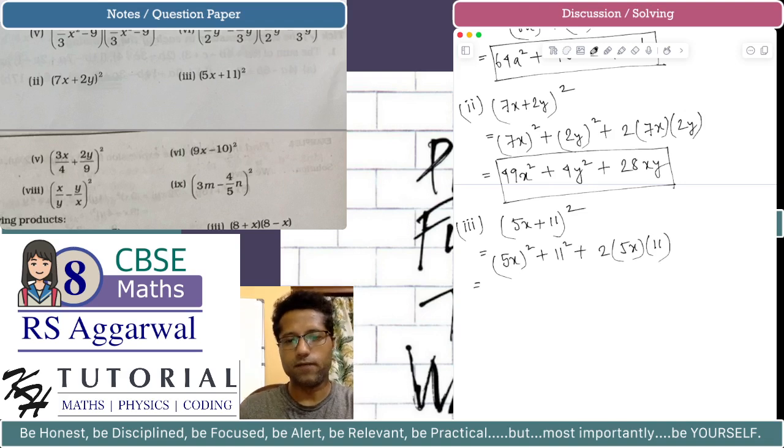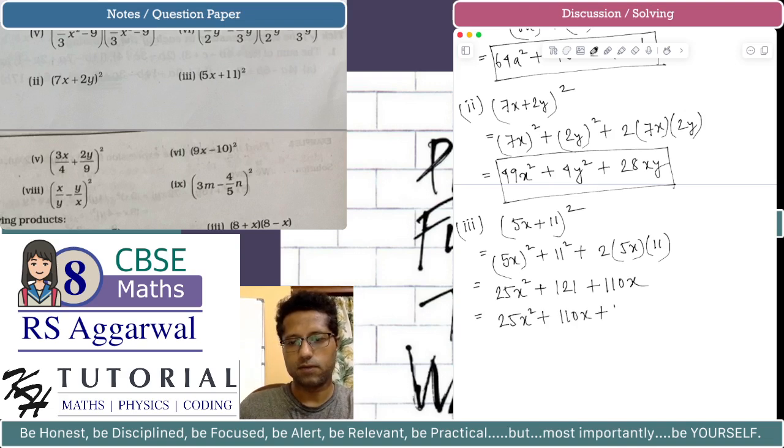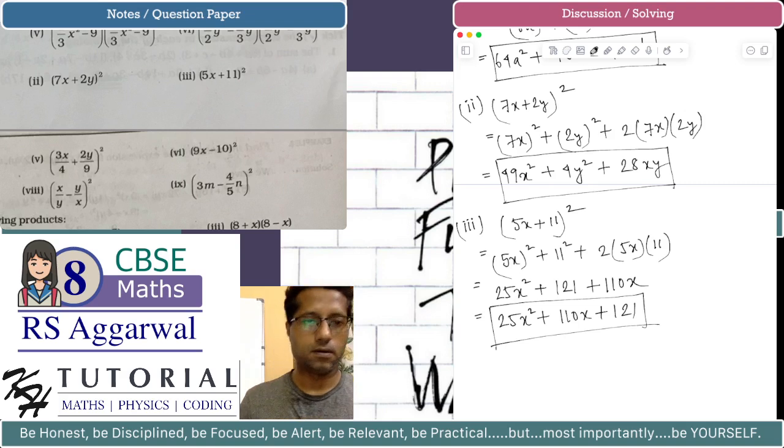This is equal to 5x whole square is 25x square plus 11 square is 121, and we have 2 into 5x into 11, that is how much? 110x. So this is equal to 25x square plus 110x plus 121.